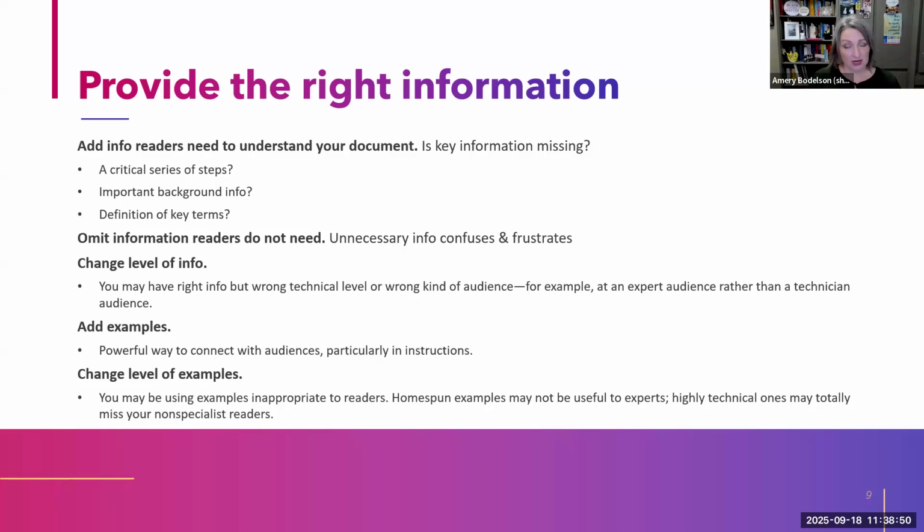Examples are always a great way to help people understand if they're on the right track. Again, I'm going to go back to that cooking example. I've baked cookies for many years of my life, and I know at this point, because I've baked them enough, when they are mostly done. But if it's the first time I've ever baked a cookie, how do I know what golden brown is? How golden, how brown?